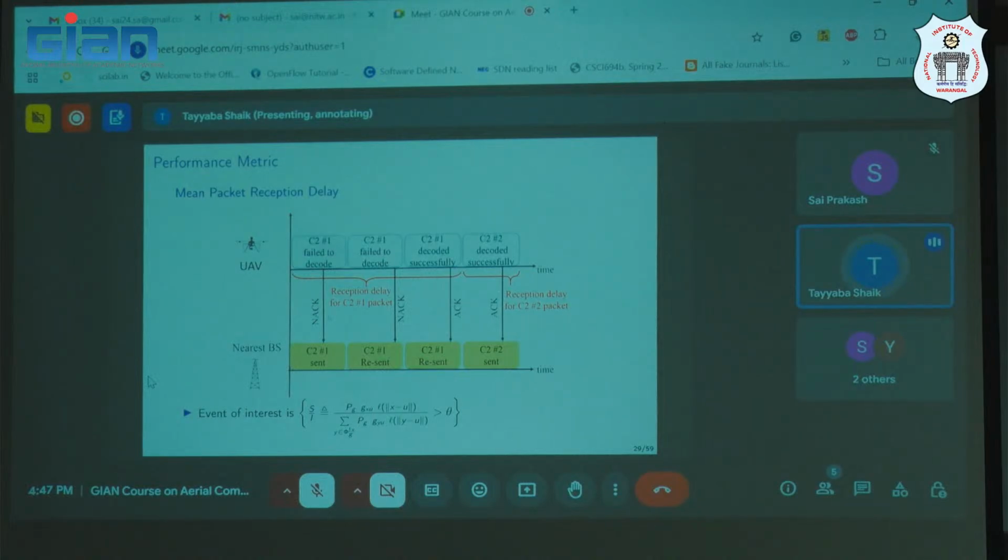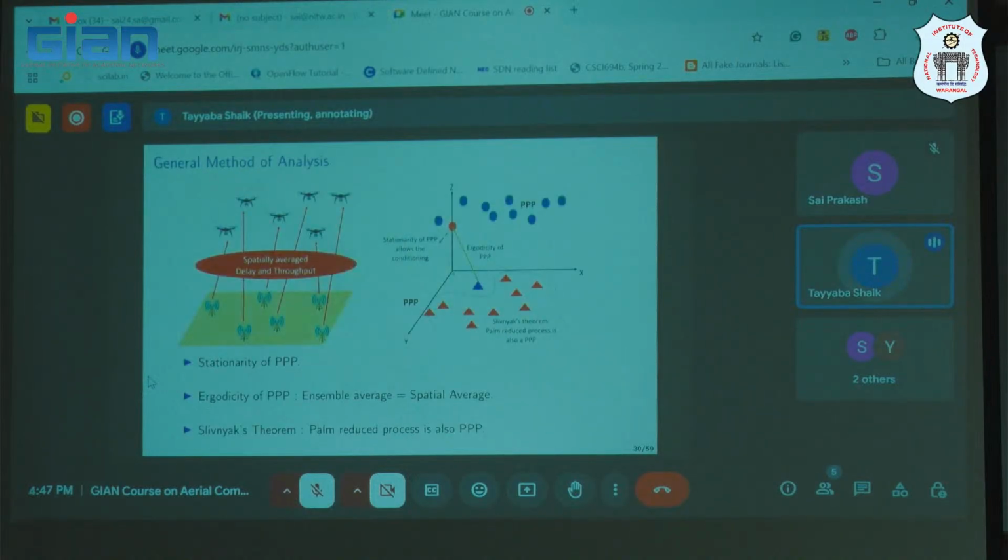That is one source of randomness. All these sources of randomness will not let you decide on your own whether the packet is successfully received or not. So the main metric that we are going to calculate here is the mean delay.